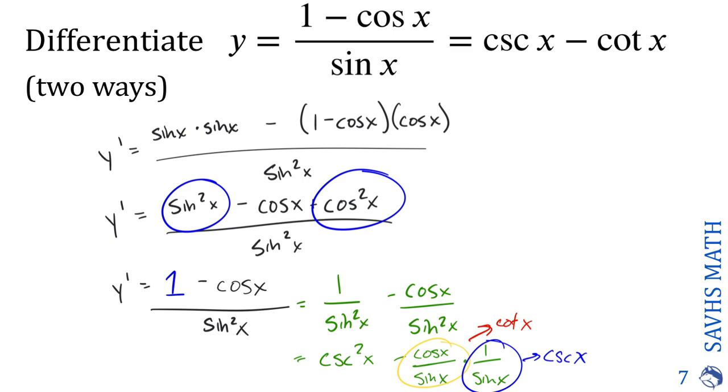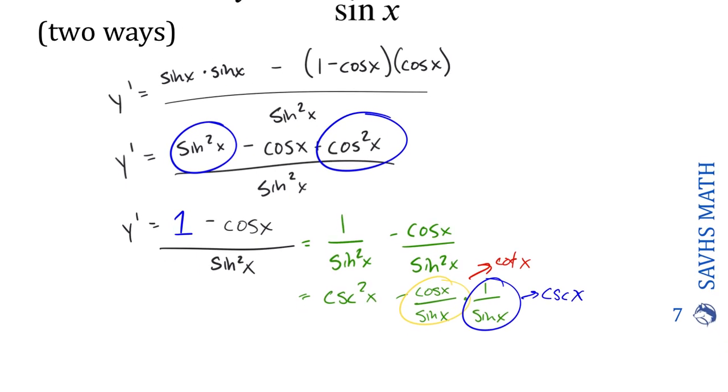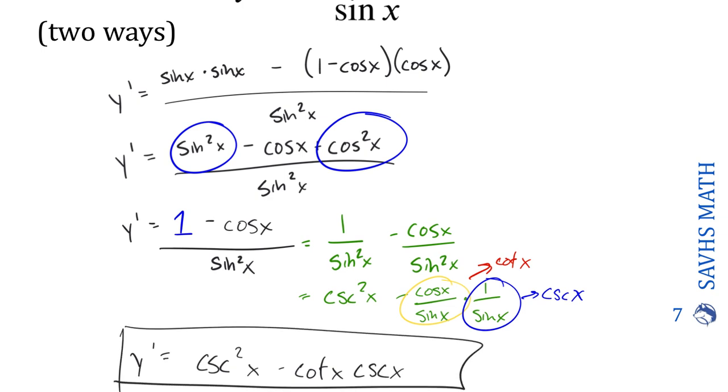So my final answer that way is y prime equals cosecant squared x minus cotangent x cosecant x.